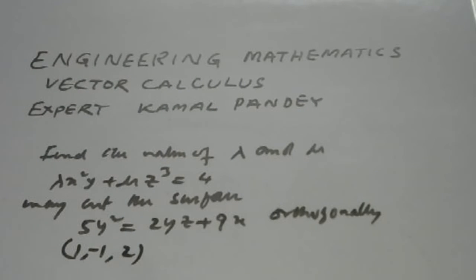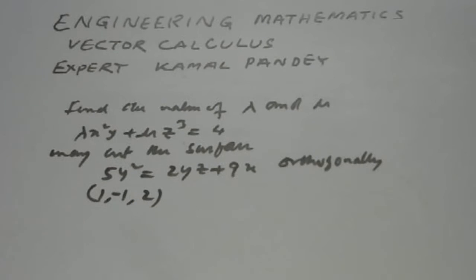We have to find the value of lambda and mu so that the two, the first surface and the second surface, cut orthogonally. For that we first calculate the n1 vector.